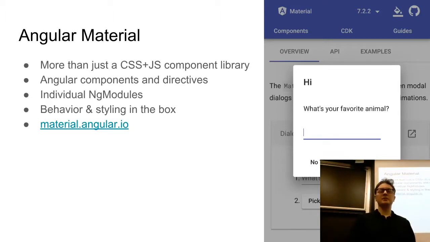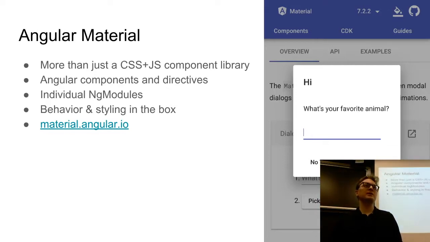Typically, if you're going to use something like Bootstrap or Clarity, which are more generally CSS component libraries, you need to add classes to your elements, and then the library would style them according to the library.